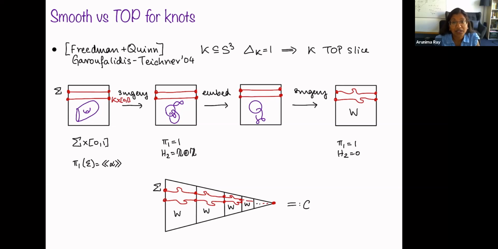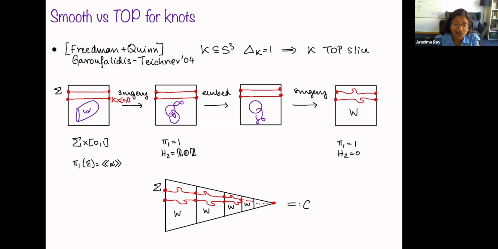And so we used Quinn's result about normal bundles to see that that cone point, or infinity, is a manifold point. We can apply the same result to this sort of pointy disk to see that that disk is locally flat. So basically, the argument that we sketched yesterday to construct this topological manifold, a similar argument will show you that Alexander polynomial 1 knots are topologically slice, as long as you do this in the appropriate relative setting.